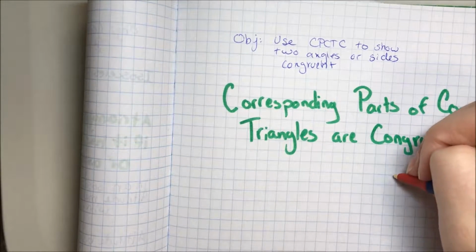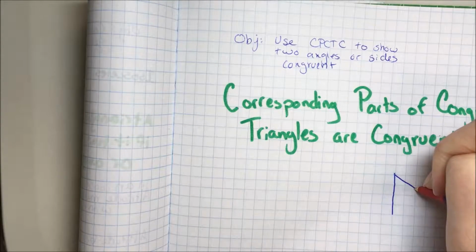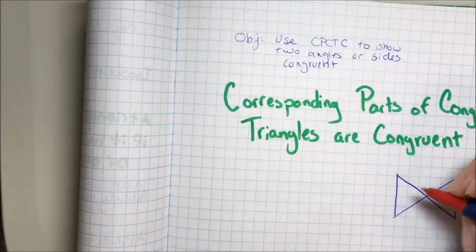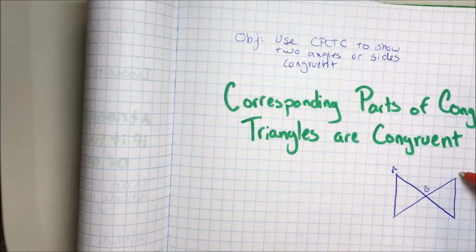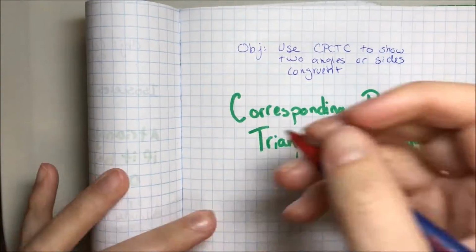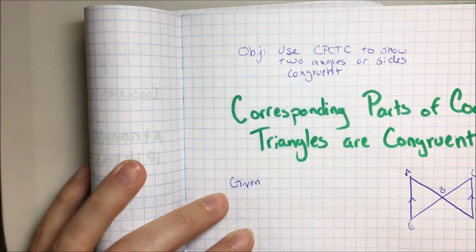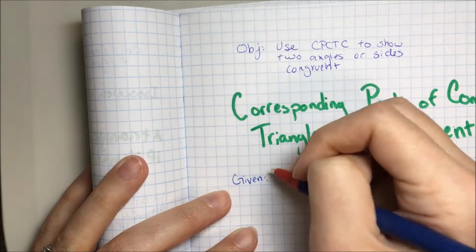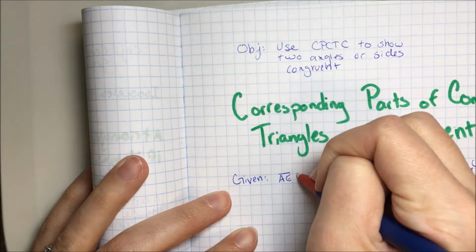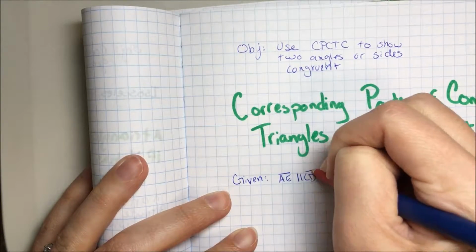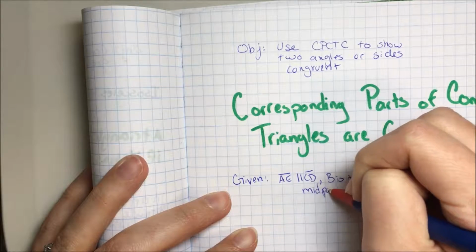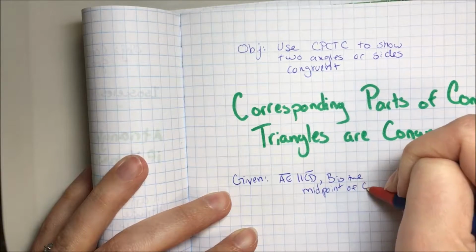So let's say I had two triangles. Okay. And I'm given that AE is parallel to CD and B is the midpoint of CE.